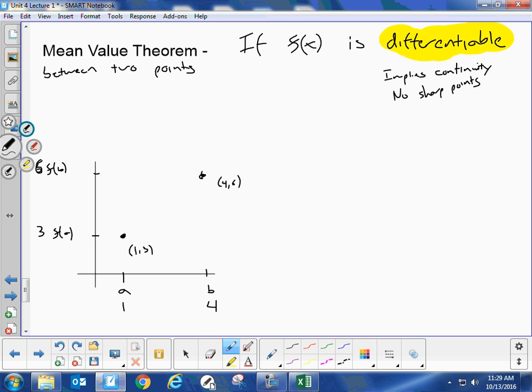Okay, I guarantee you that no matter how you connect these 2 points, as long as you are continuous and smooth curved, there will be some value in between A and B, C, it can be anywhere, and there could be multiple locations, where the tangent slope at that value will equal the secant slope connecting these 2 points.